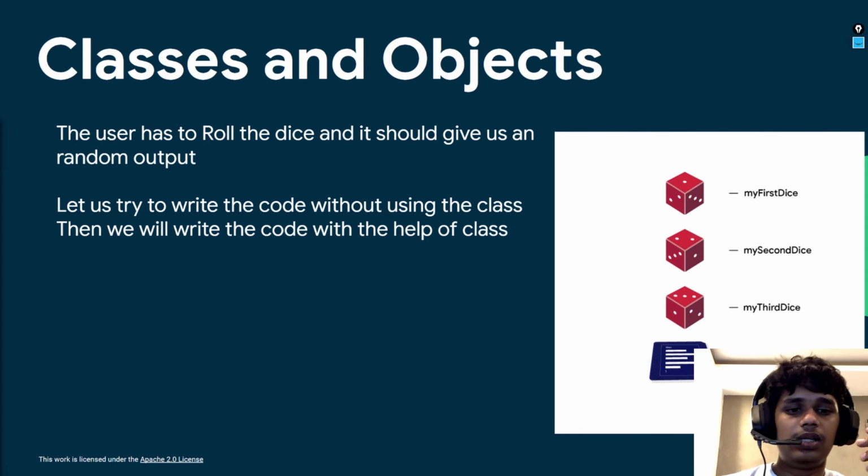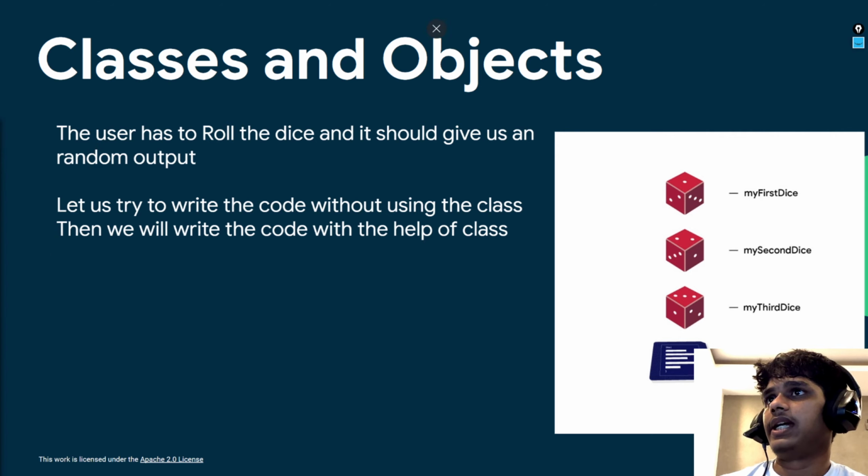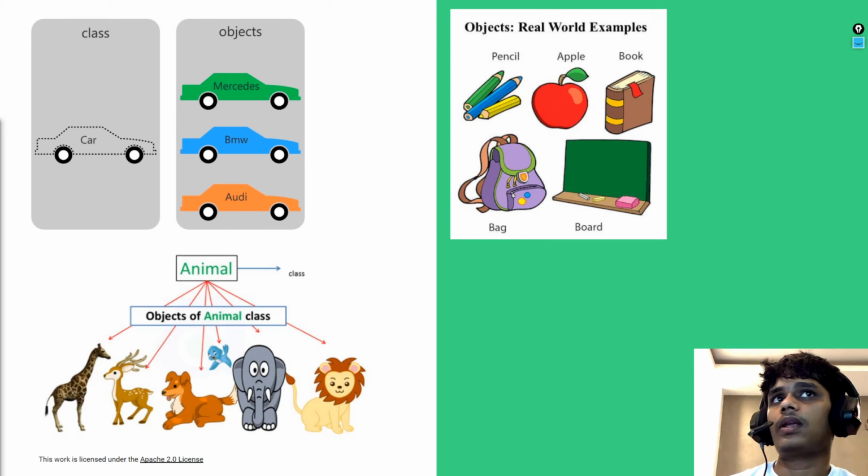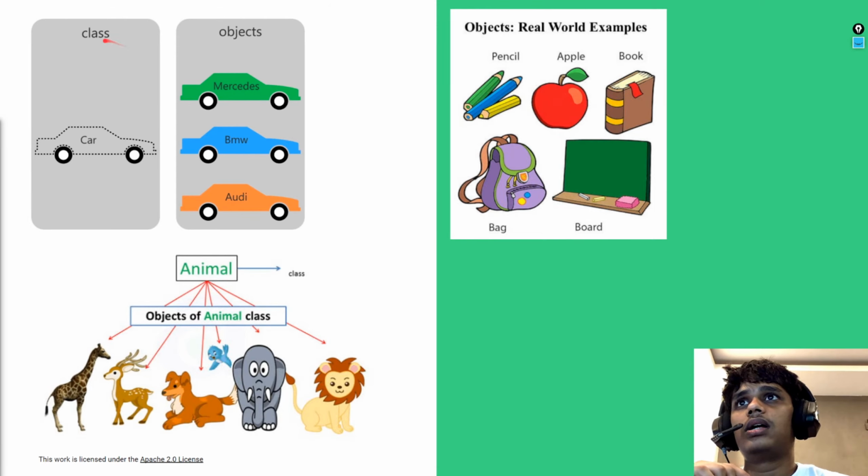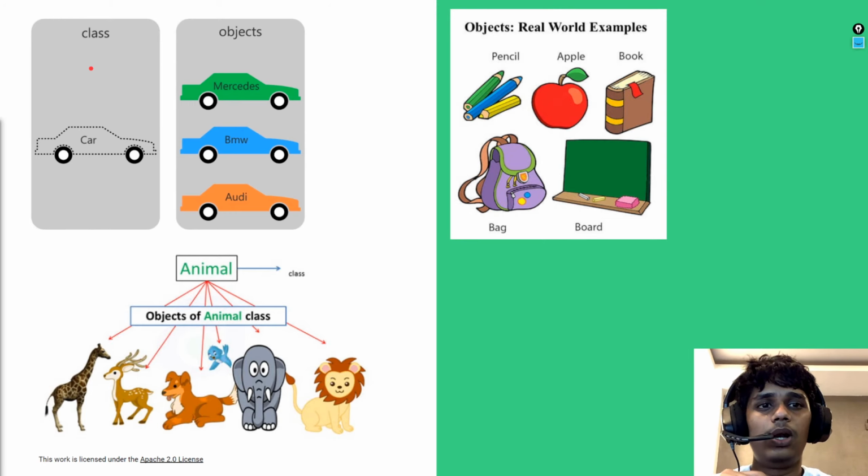Before starting the program, I want you guys to understand some examples of classes. Here you can see some examples in the classes. Let us consider the example of a car.